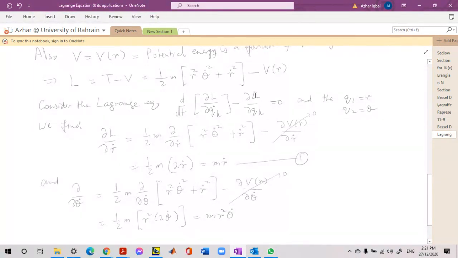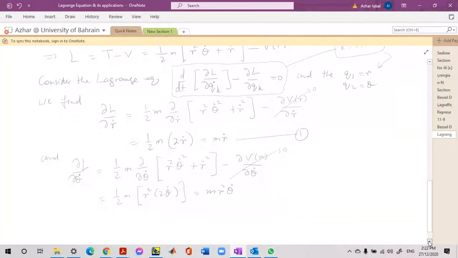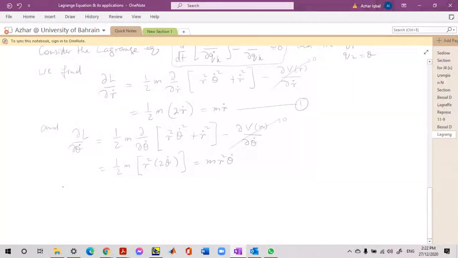Also, we need the derivatives of the Lagrangian with respect to the two generalized coordinates, q1 and q2. Remember that k is varying over 1 and 2, so I put this as a remark. Corresponding to that, you have these generalized coordinates. Now we similarly find out partial L over partial r.